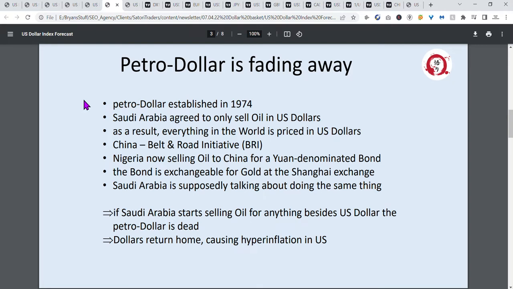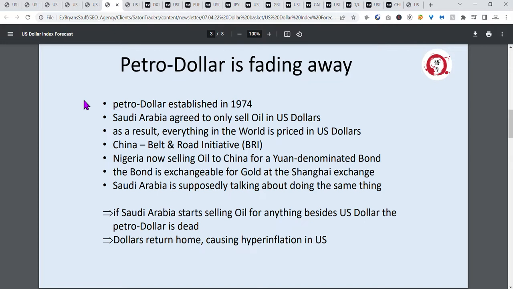Again, this is a big deal, and it's a significant change to the petrodollar world that we've all been living in for decades, since 1974. Supposedly, and I've only heard this from one source, don't have anything to back it up, Saudi Arabia is talking with China about doing the same thing. Well, obviously, if Saudi Arabia starts selling oil for anything other than the US dollar, the petrodollar is dead or dying.